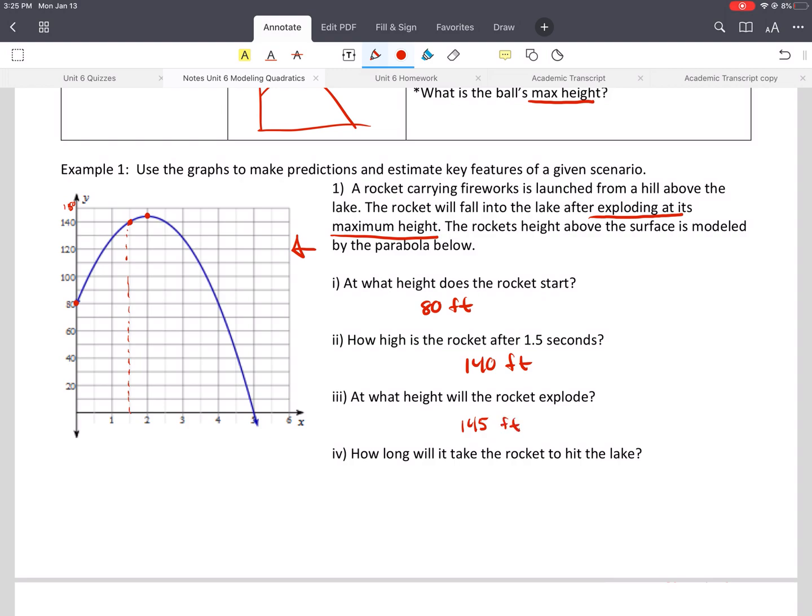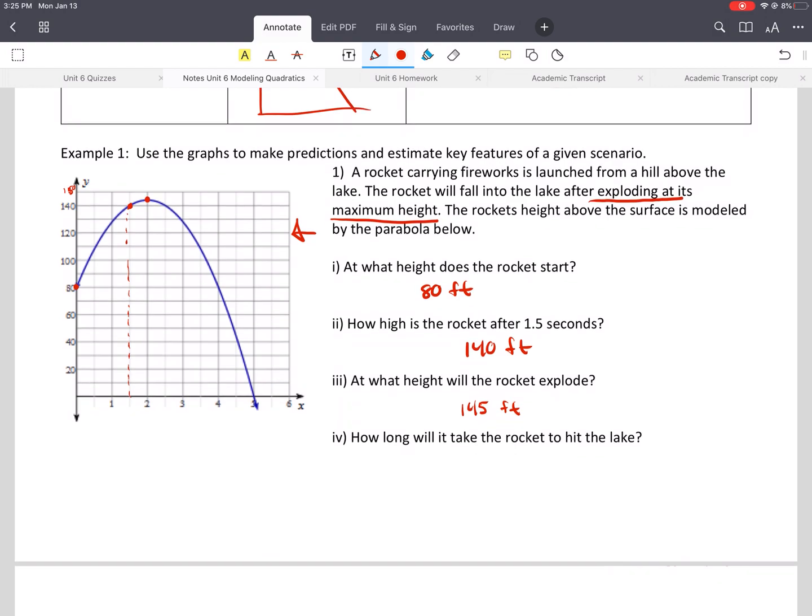Actually it looks like maybe 144-ish. But either way, as long as you're in the ballpark, you'll be good. So how long will it take the rocket to hit the lake? Right, so this is time is 0. It doesn't hit the lake until 5 seconds.